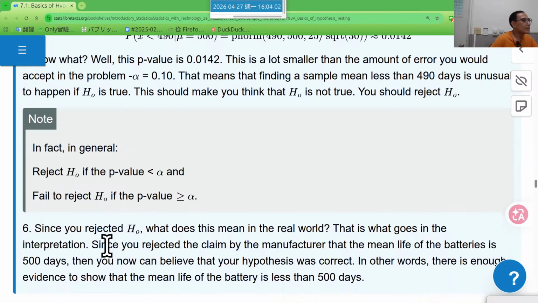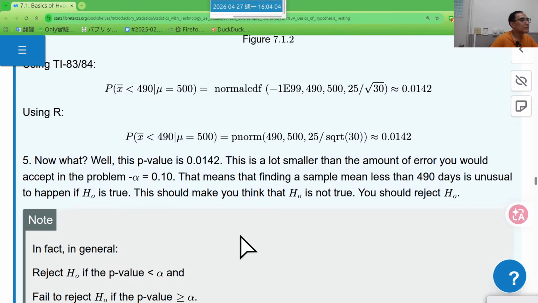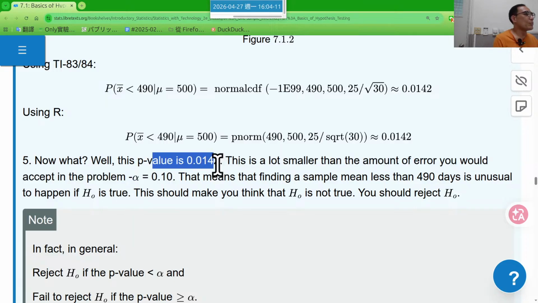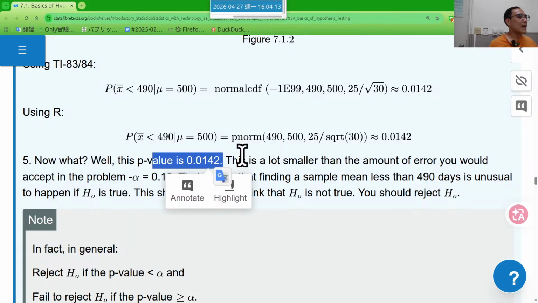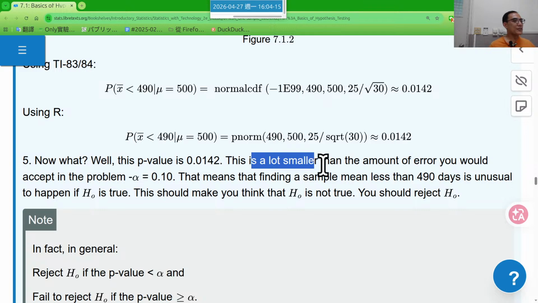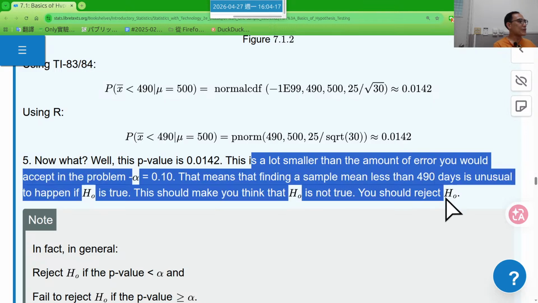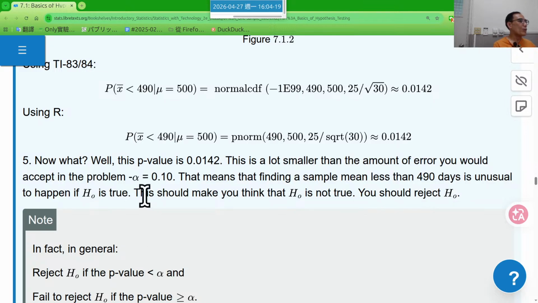And the number is very small. The p-value is 0.0142. That is a lot smaller than the amount you will accept. We set alpha equal to 0.1.